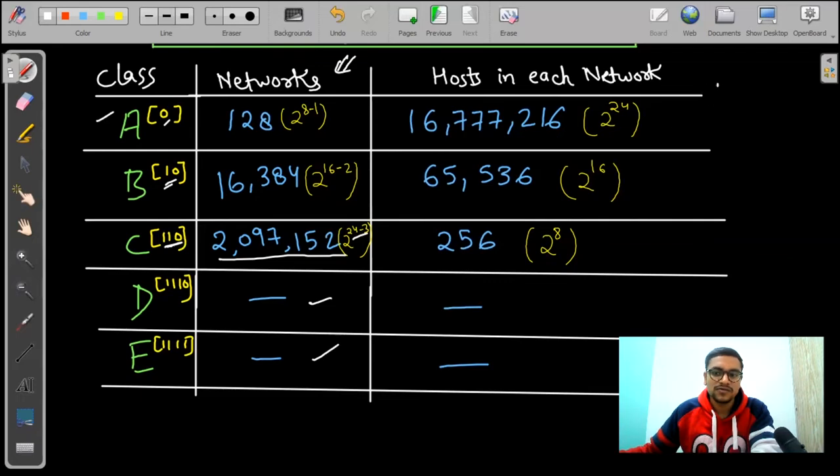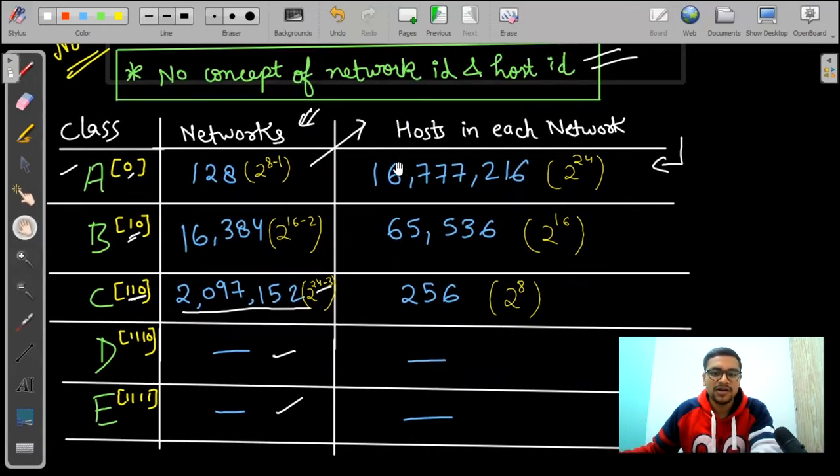When we look at the number of hosts possible in class A, B and C, there is a huge variation in the hosts present in each network of a specific class. If I take just one class A network, I would have to use all the 16,777,216 addresses for the hosts. Let's suppose I want to use just 100,000 addresses.